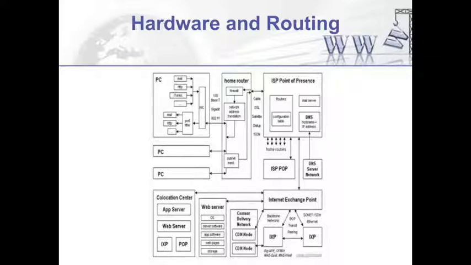I'm not going to go into a lot of detail in this particular talk, but you can see that from the PC we go to the home router, we go out to our ISP's nearest point of presence. Our ISP provides a number of services, mainly that connection out onto the internet superhighway. And then we go off to the various web servers and co-location centers where the CDN nodes that have much of the static content on the web are located.